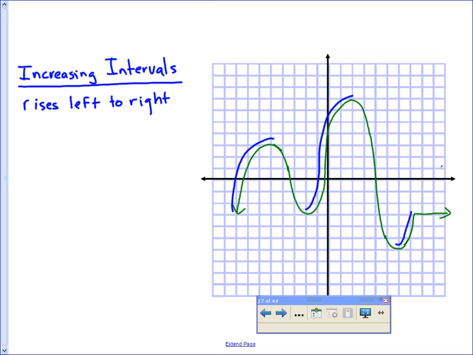It looks like the next one is from here, which is where our x value is approximately negative, the graph's a little off, so about negative 1.5 up to where we have an x value of 2, so here.